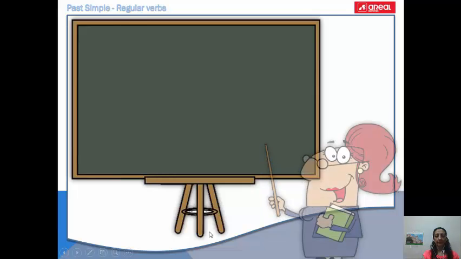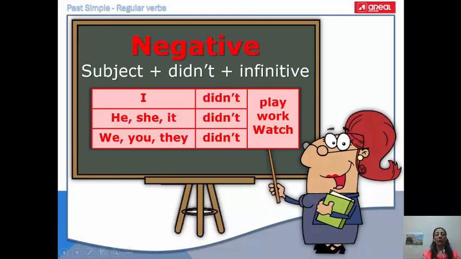Okay, when we make a negative with the past simple tense, we add the helping verb, or the auxiliary verb, did to help us make a negative sentence in the past simple tense. So we put the subject or the pronoun and put did followed by not.